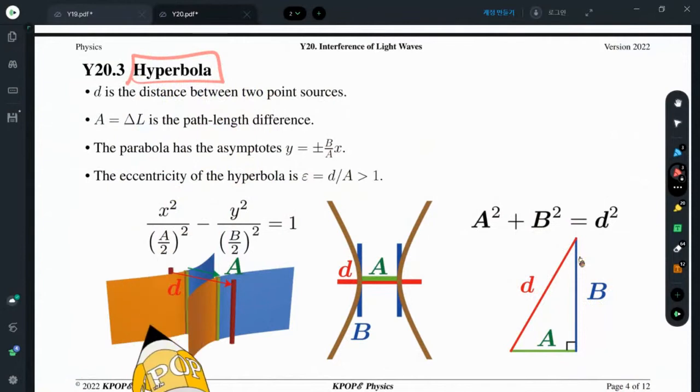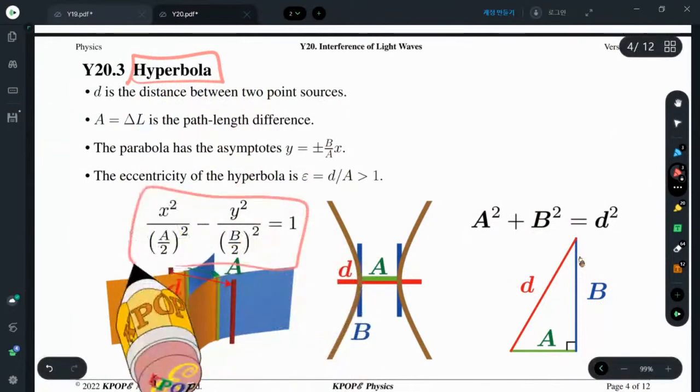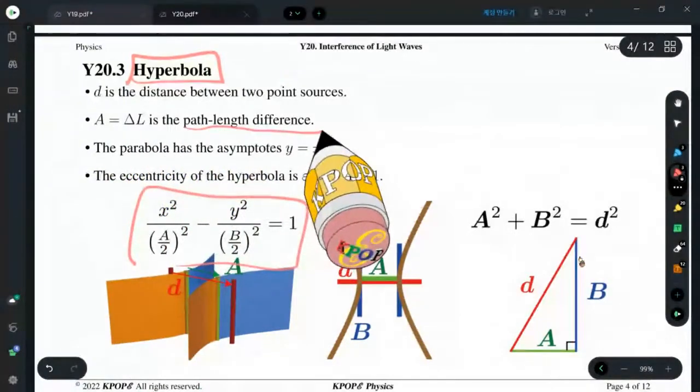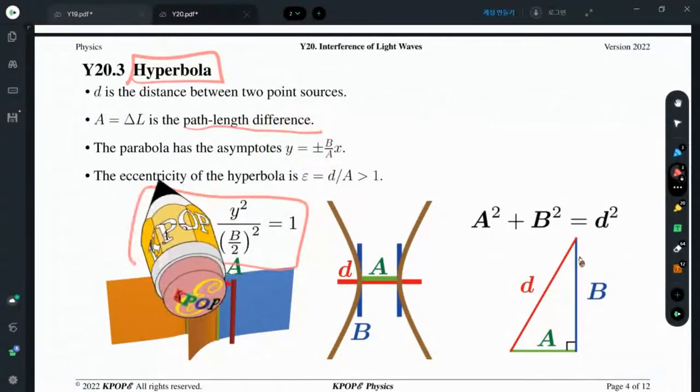A hyperbola equation is something like that. And we call this a the path length difference of our original problem.